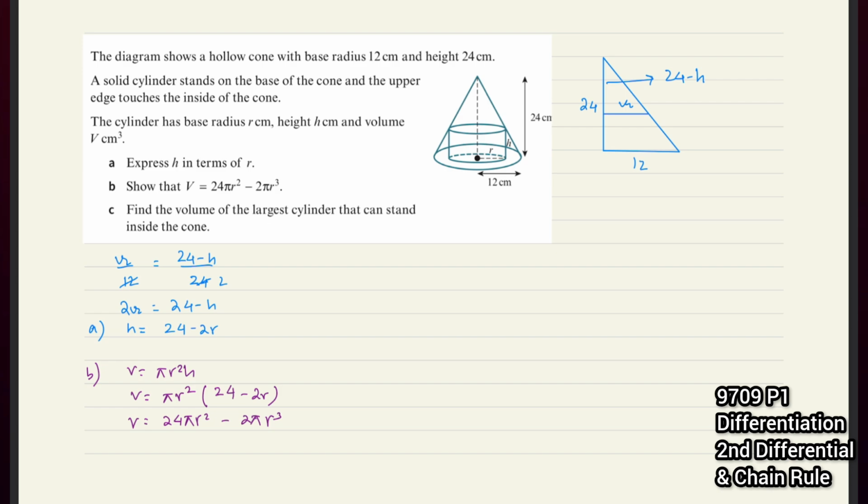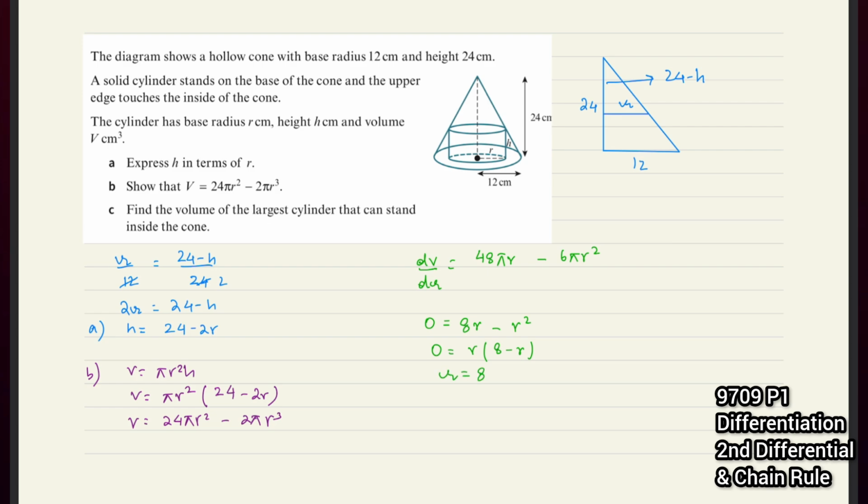Next, find the volume of the largest cylinder that can stand inside the cone. Largest cylinder means maximum. dV by dr is equal to 48 pi r minus 6 pi r square. Set 0 equal to this and divide the entire thing by 6 pi: 0 is equal to 8r minus r square, 0 is equal to r into 8 minus r.